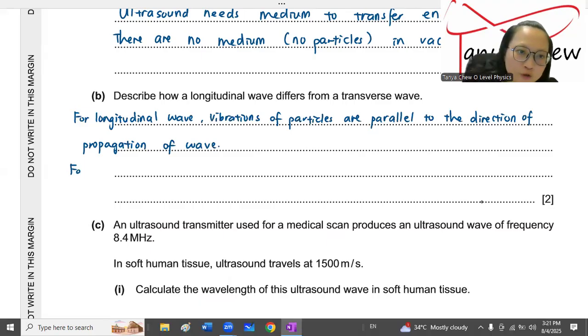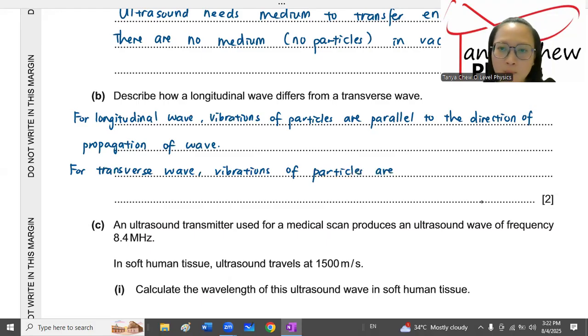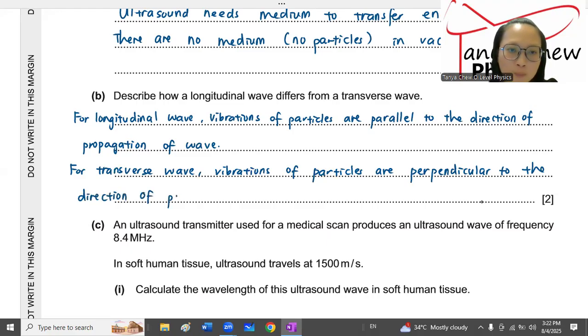And then for transverse wave, vibrations of particles are perpendicular to the direction of propagation of wave. This is how I memorize.